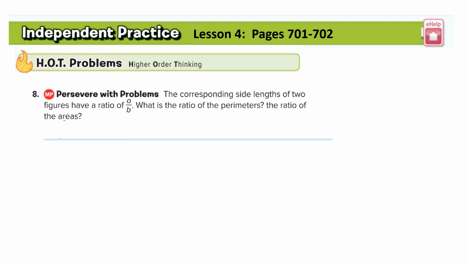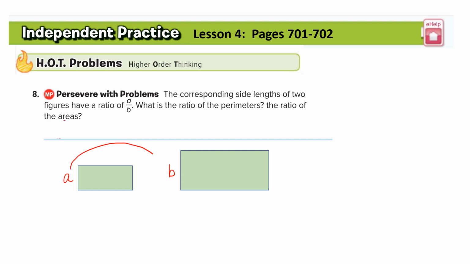Question 8. Persevere with problems. The corresponding side lengths of two figures have a ratio of A to B. What is the ratio of the perimeters? The ratio of the areas. Okay, so here we have A, and here we have B. So let's say that we multiplied A times 2 to get B. We would do the same thing with the perimeter.